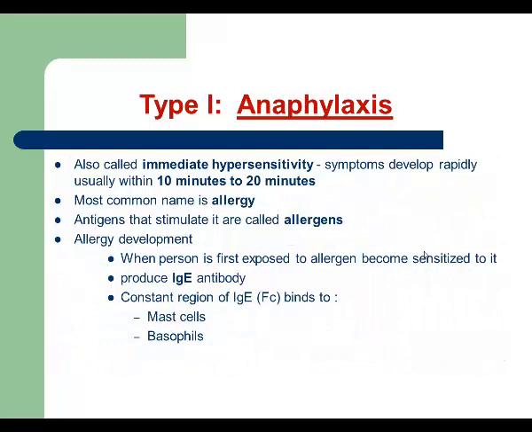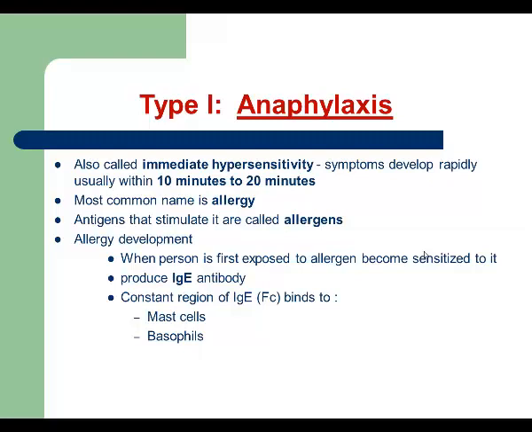So once again, let's repeat all characteristics of type 1 hypersensitivity reaction. We call it immediate type because the time of reaction is either immediate or within the first 10-20 minutes. We also call it allergy because allergens, this is what we call those antigens, stimulate development of this reaction.